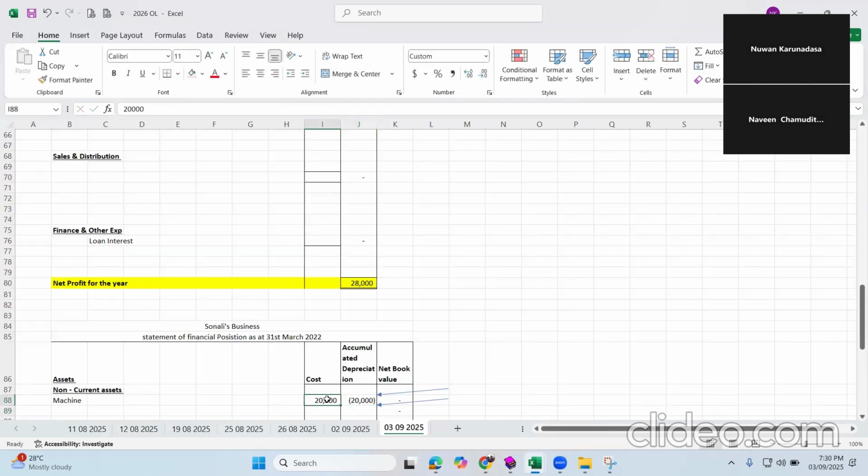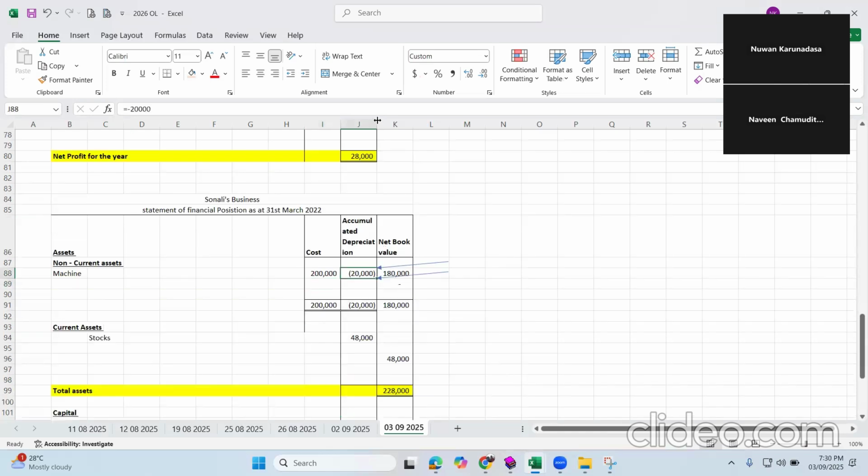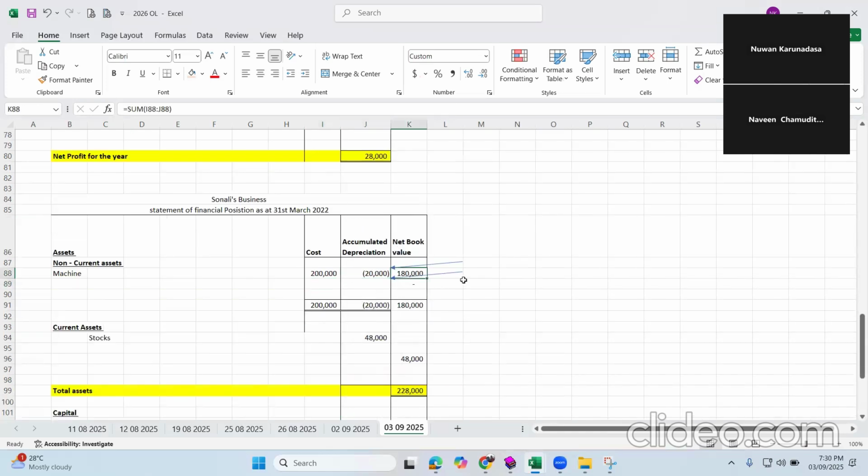Then the net book value is 180,000, cost minus accumulated depreciation. No opening accumulated depreciation means only the charge for the year will be the accumulated. Here the charge for the year came 20,000. That you put here, 20,000. Then the net book value is 180,000.